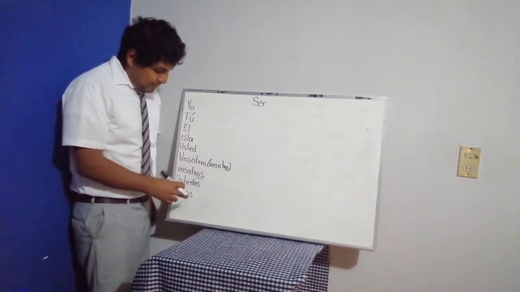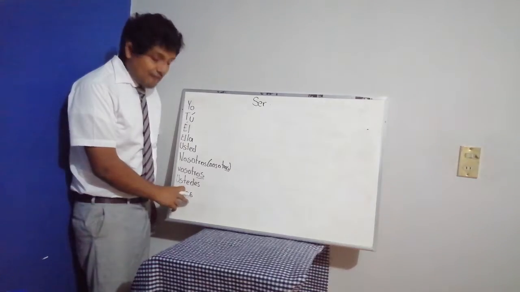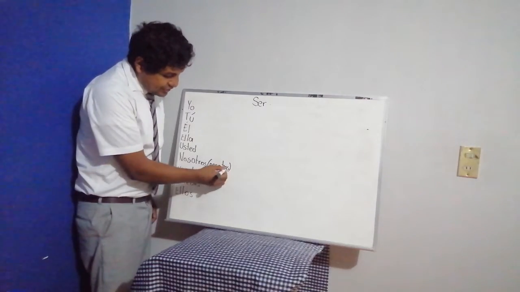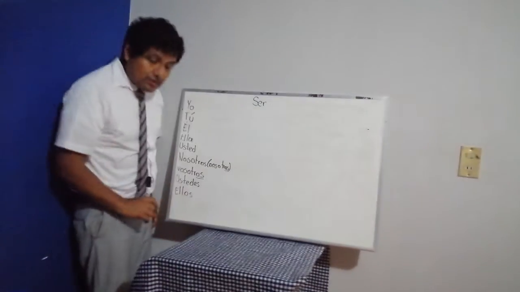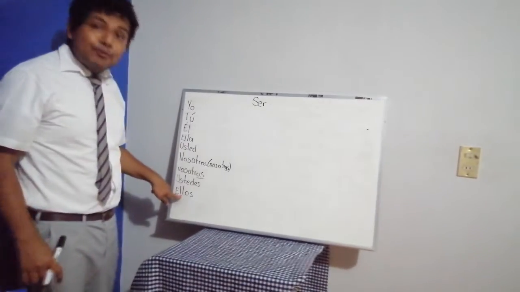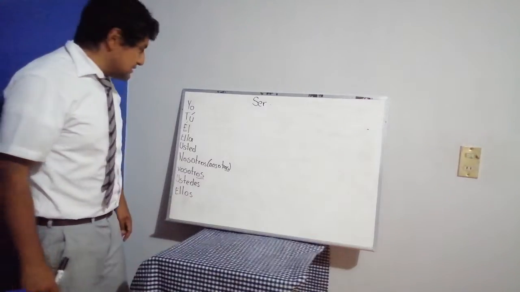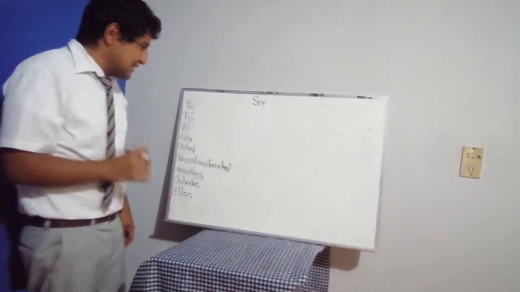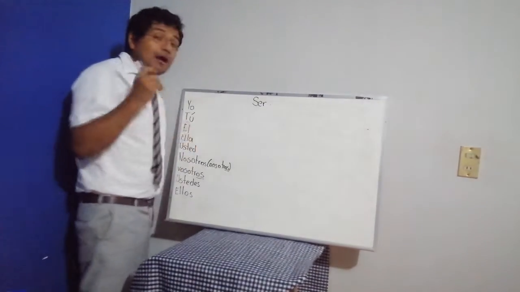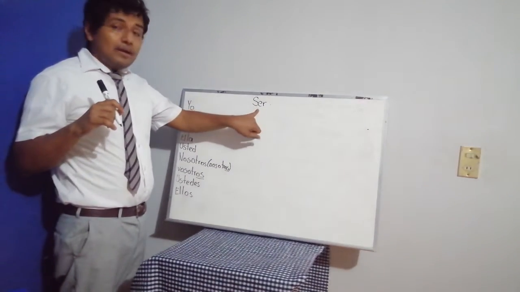But as well, you can say the feminine way, ellas. You change the O for an A. Ellas. Double L is pronounced like a J. Ellas. Okay? That is correct.